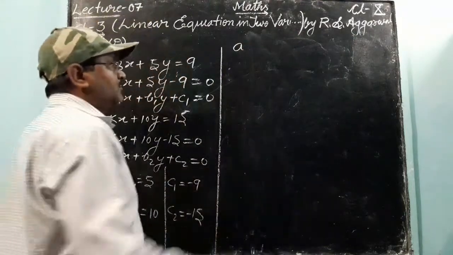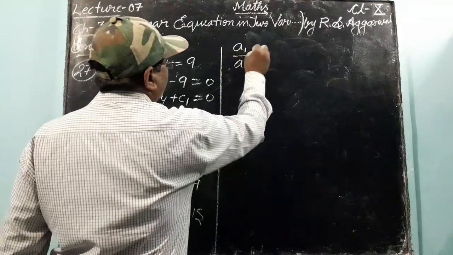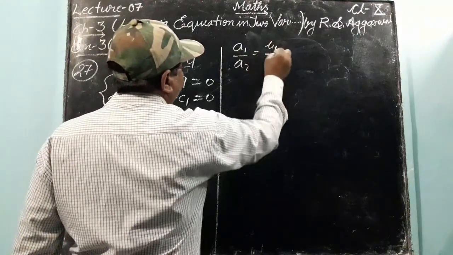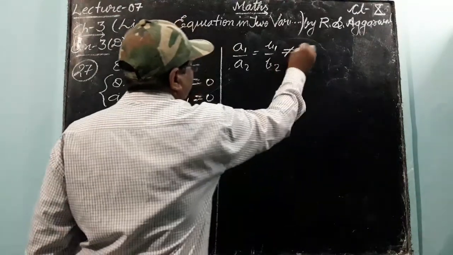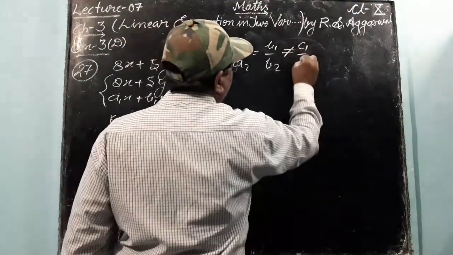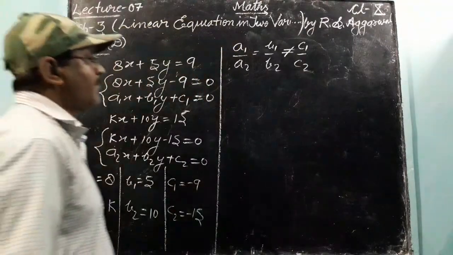The condition of no solution: a1 upon a2 is equal to b1 upon b2, but not equal to c1 upon c2. That is the condition of no solution.